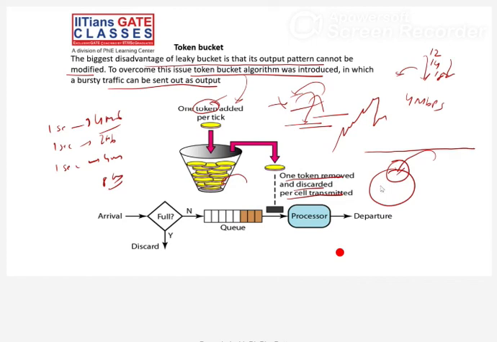So that much data flows at the input rate, but your router output rate is 4 Mbps, 4 Mb in 1 second.